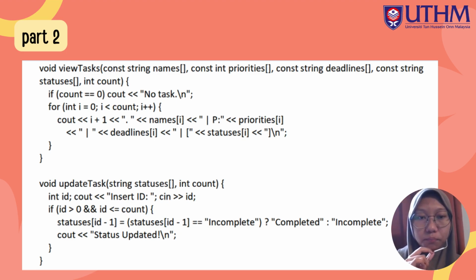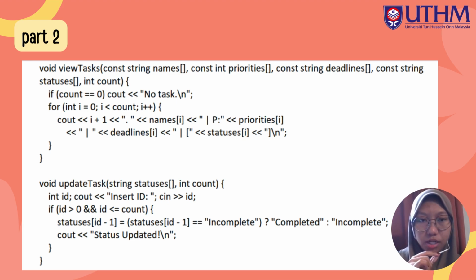Next is to prompt the user to enter a task ID, which is cout insert ID. Next is cin id, to read the task ID from the keyboard. Next line is if id.